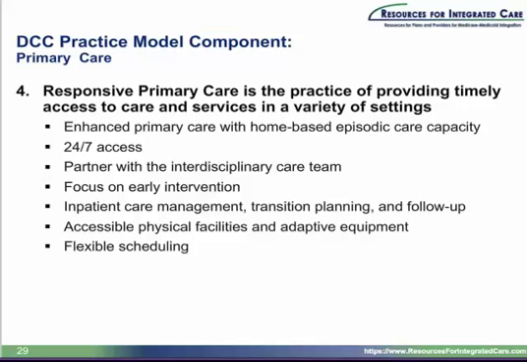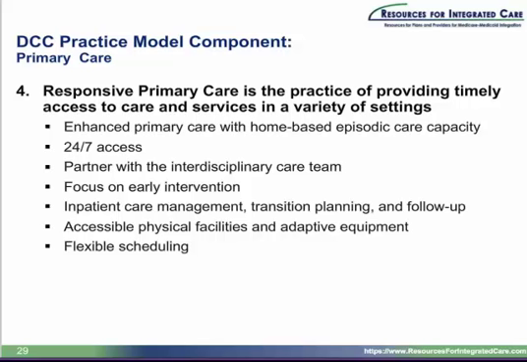Focus on early intervention to prevent complications or exacerbation of chronic conditions. 24/7 access of informed and knowledgeable clinicians with electronic health record capability. Ability and willingness to partner with the care team.